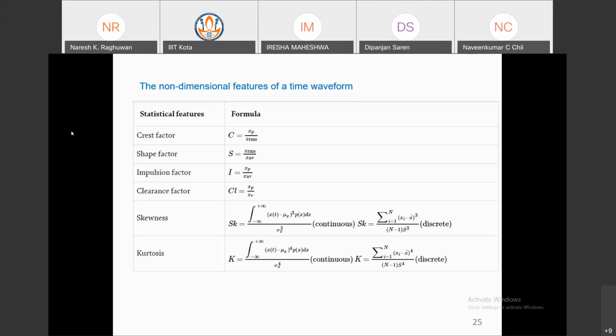In this case, some dynamic modeling will be there. I will explain how the simulated signals are generated and you apply these techniques. So in simulation form, you have to simulate some predefined fault.